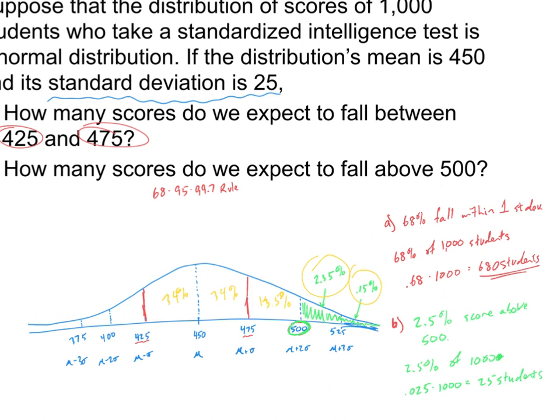I could take 100 minus 50 to get rid of that half of the distribution, because I know I'm only looking over here, and then take the remaining 50% minus the 34 minus the 13.5. Just in case you can't figure out what those two different percentages should be, there's a couple of different ways to figure it out.